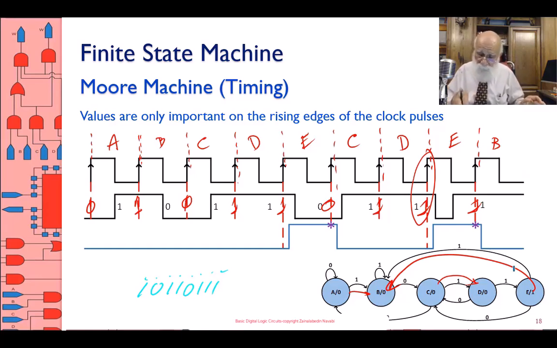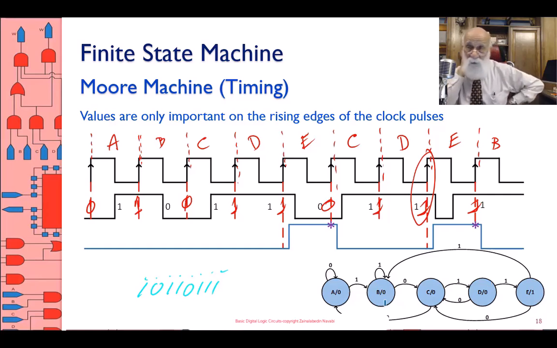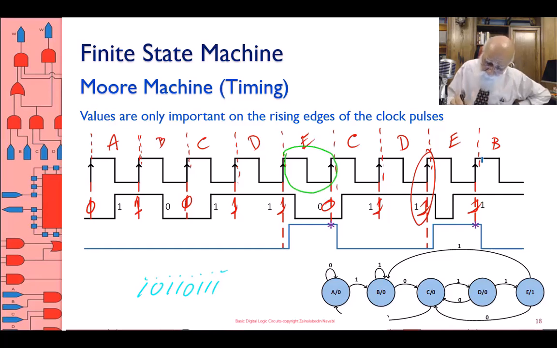Okay? What happens to my output? Your output becomes 1 when you are in state E. Your output is 1 when you are in state E. One of the places where I am in state E is this: after this edge of the clock, clear through the next edge.